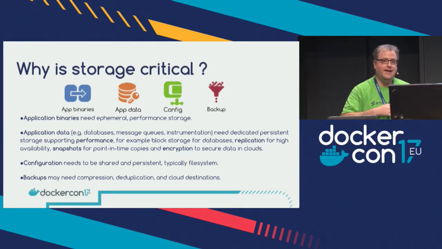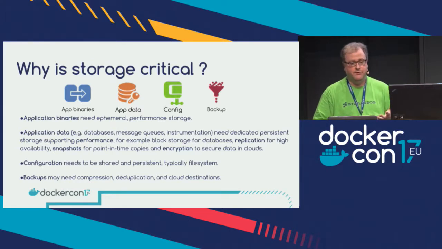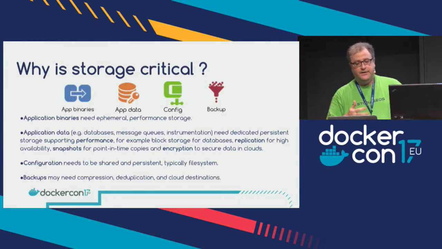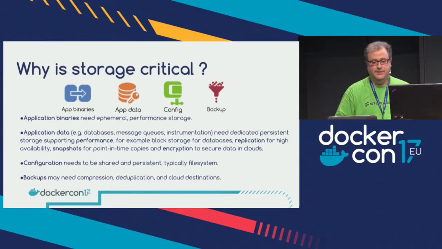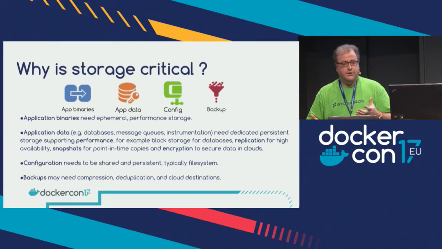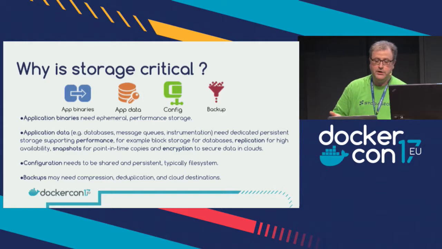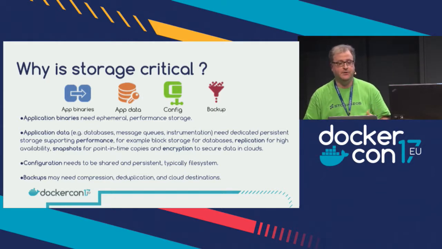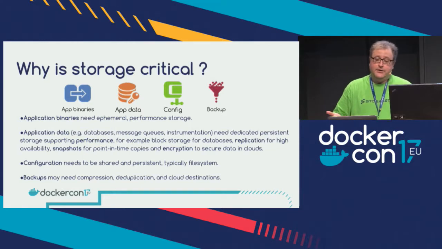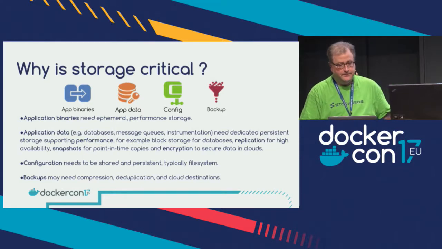And it's not just any persistent storage. It needs to be performant. For example, you need different types of storage, like block storage for databases. You might need storage replication features to enable high availability, depending on your storage patterns. You probably also need snapshots for point-in-time copies, or to help with your CI/CD environment, and encryption to secure data in the cloud.